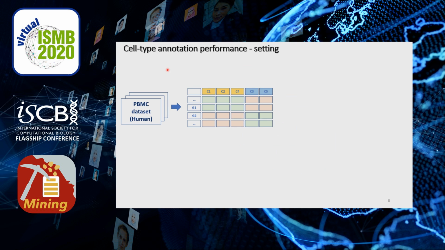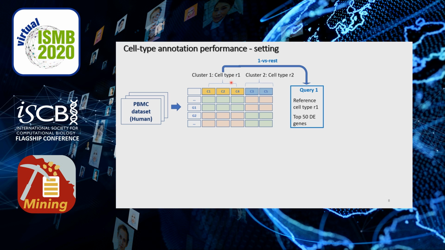To check the cell type annotation performance, we first use human PBMC dataset, which is essentially a gene cell expression matrix. From the original publication, we already know the cell clustering, and for each cluster, we have the annotated cell type. We use 1 versus rest to get differential expressed genes for each cluster, and for each cluster, we prepare the query.